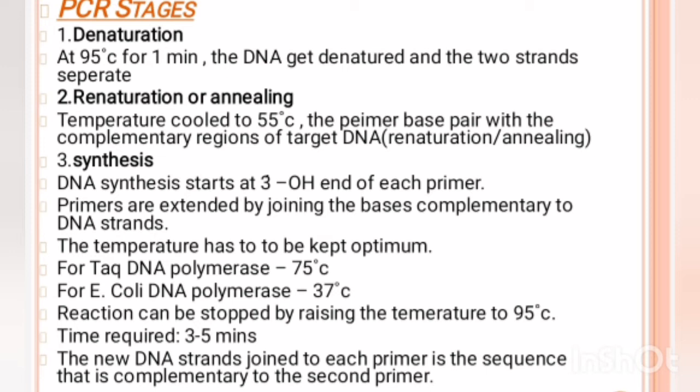In the second step, the reaction mixture is slowly cooled to 55 degrees Celsius for 1.5 minutes. During this time, one primer binds with the 3' end of the one strand and the other primer binds with the 3' end of the complementary strand.